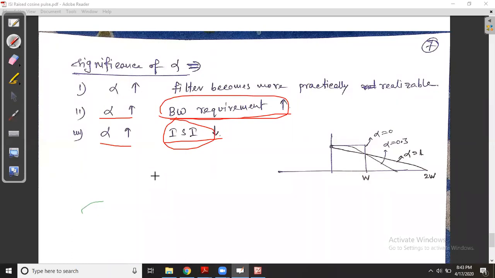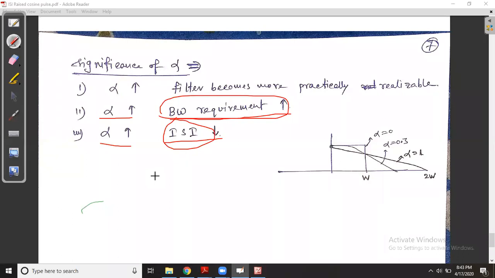But in the case of defense and satellite communication, we are very much concerned about bandwidth. A particular bandwidth you have to use, and there should not be any noise. At that time you have to choose a very accurate value of alpha so that both things are maintained.